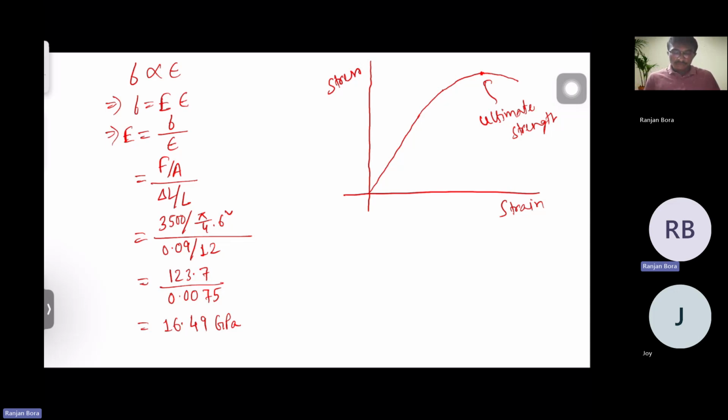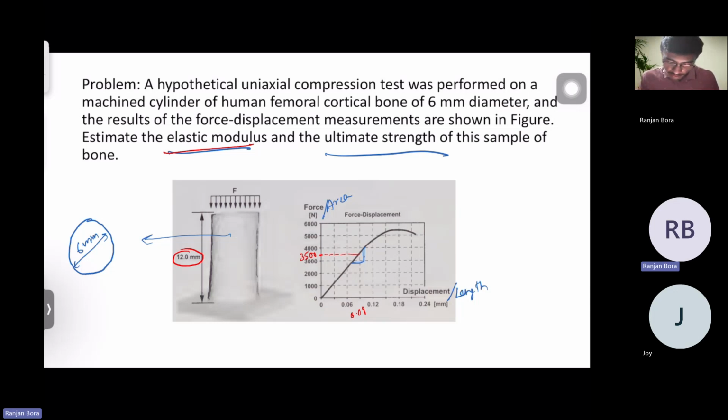Okay, so now we need to find the ultimate strength from this plot. You can see here the maximum force is around 5,400.